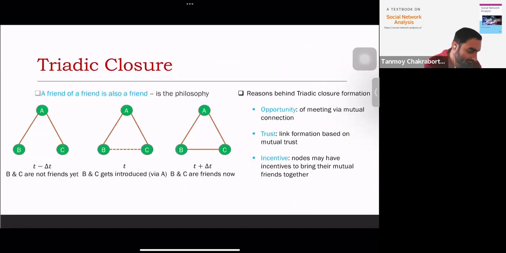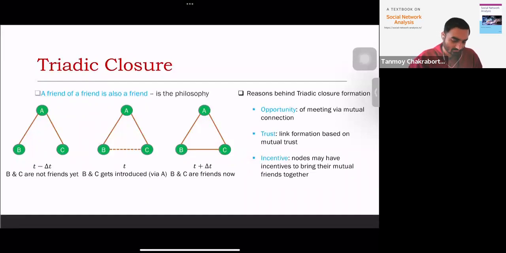Now, triadic closure: we have already discussed what triadic closure is in the first class when we discussed the clustering coefficient. I hope you remember this. But here we discuss it in a different manner, more from a social science perspective, on why a particular link has been formed.